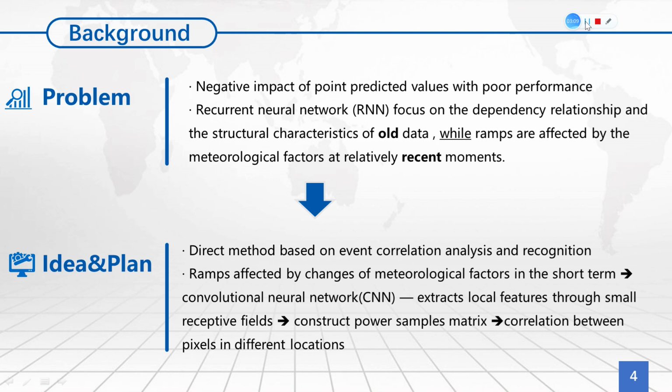In the field of image recognition, convolutional neural networks can be exploited to capture local features through small receptive fields, thereby forming feature maps with certain rules and associations in a higher dimensional space. This property is consistent with the idea that more attention should be paid to short-term condition chains in ramp events recognition.